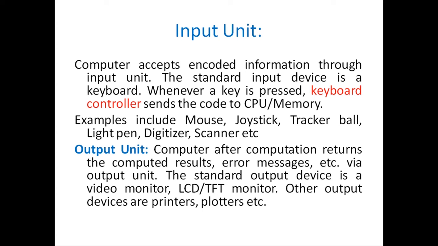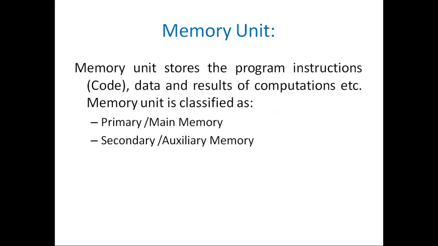Then coming to the output unit, the computer after computations returns the computed results or some error message, etc. via the output unit. The standard output device is a video monitor, LCD TFT monitor, and other output devices like printers and plotters all come under these output units.